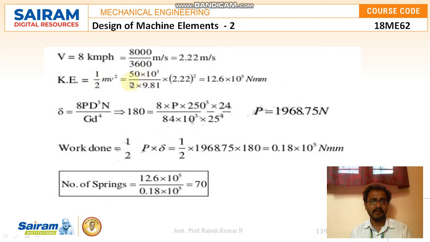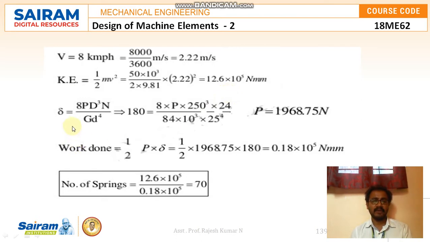So I write 1 by 2, the mass value is 50 into 10 power 3 divided by 9.81, since the weight is given and we are substituting the mass, and the velocity is 2.22, squared. Since the mass is in terms of meter and the velocity is also in terms of meter, the meter cancels, and after simplification I get the kinetic energy as 12.6 into 10 power 5 Newton mm.